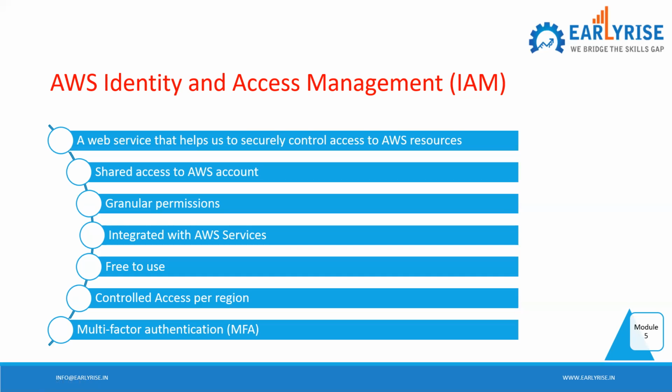Similar to how you use it in your daily lives, even for Gmail, there is multi-factor authentication enabled. I have enabled it. I give my password, then something comes on my mobile, I tap it, and only then it gives me access.